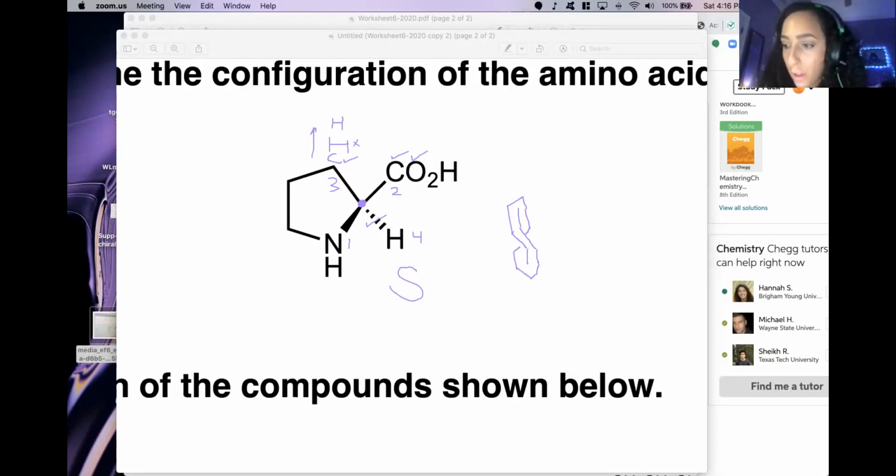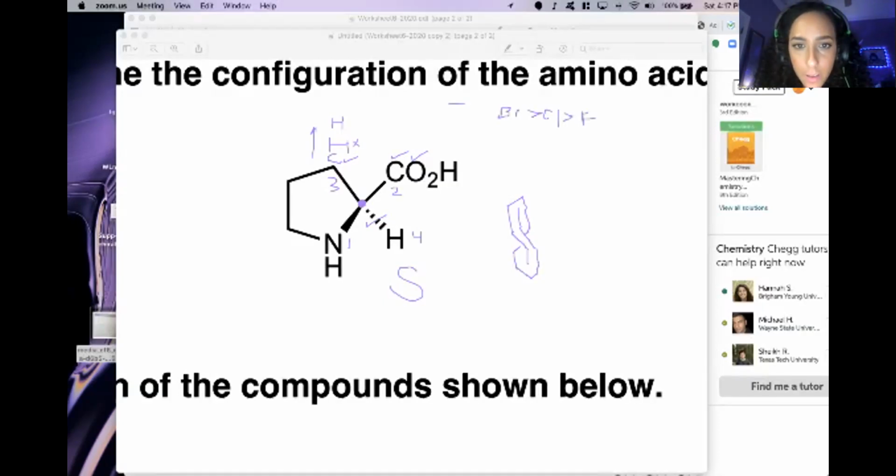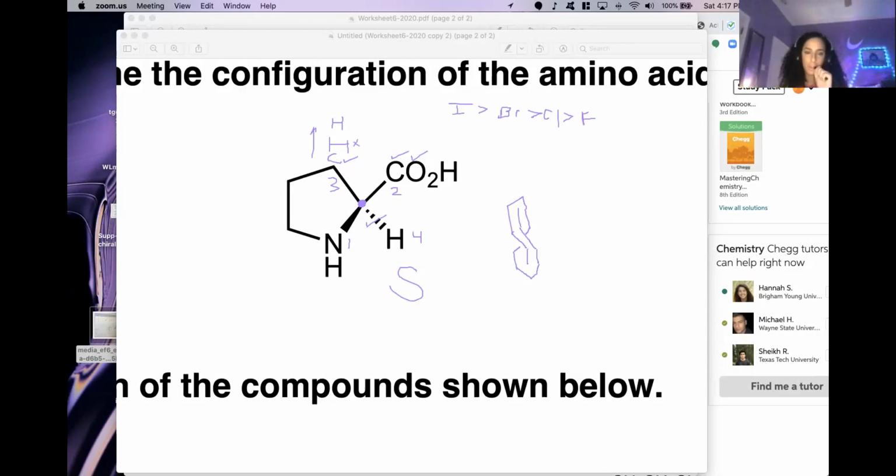So bromine is bigger than chlorine, is bigger than fluorine. You're just going down the periodic table. Okay. So with NH, that's the atomic number of both nitrogen and hydrogen, correct? No, no. You only look at it one atom at a time.